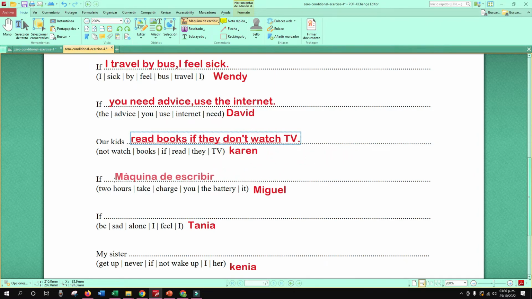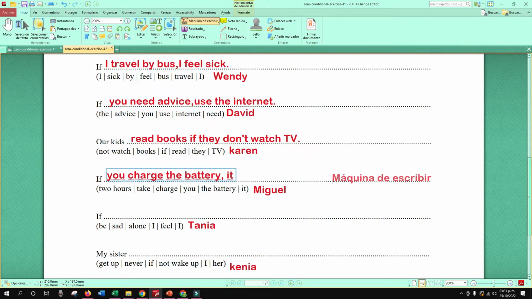Thank you. What about this one, Mr. Miguel Cuellar? Would you like to help me? If you take to all, it shares the battery. Okay, let's try to change that one, right? If you charge the battery, comma, don't forget it.